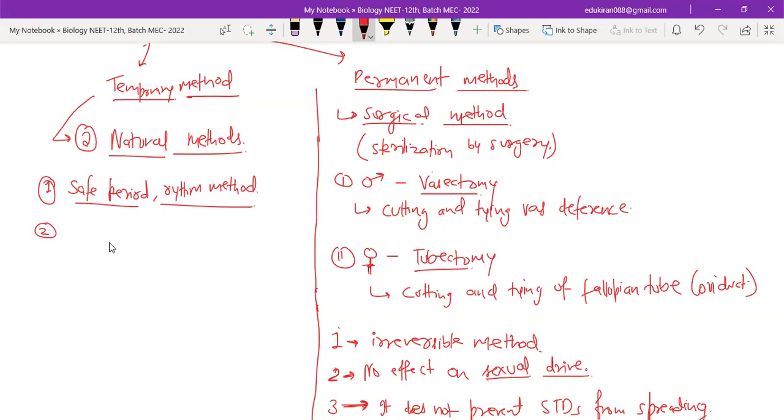Shall I go to the second? Sir, can you wait? Can I repeat? Yes. No, sir, I'm writing. Sir, I'm writing, sir. I asked you to wait 1 minute. Yes, please. Do you also want me to repeat something, Atif? No, sir, it's fine. So you understood, right? Yes, sir. They are relying on the days where chances of fertilization are less.